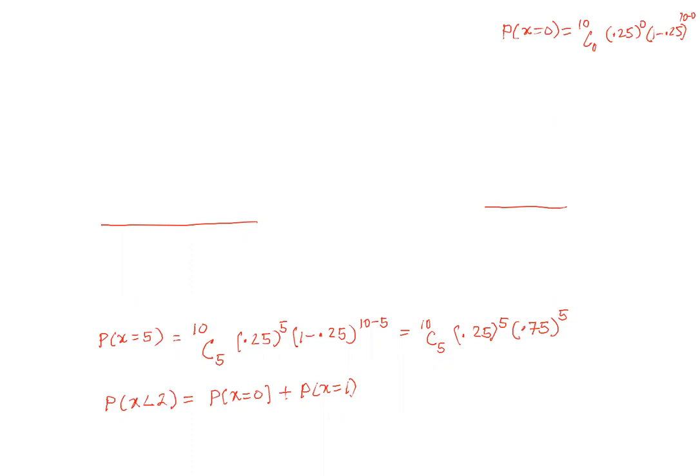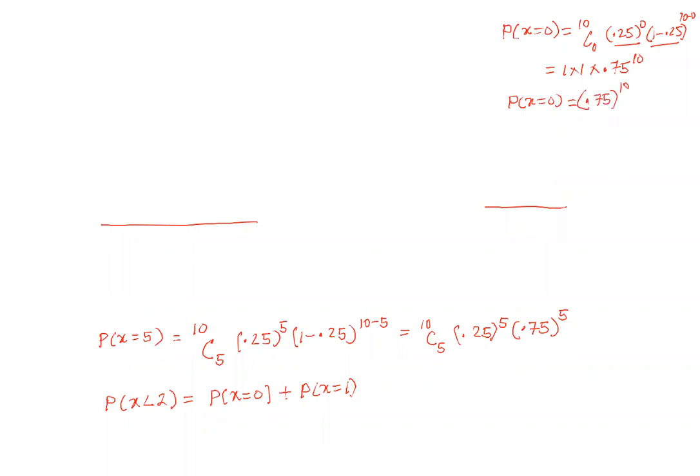By the way, 10 C0 is 1, 0.25 to the power 0 is 1 times 1 minus 0.25 is 0.75 to the power 10 minus 0 is 10. So your answer in essence becomes probability of x is equal to 0 becomes 0.75 to the power 10.